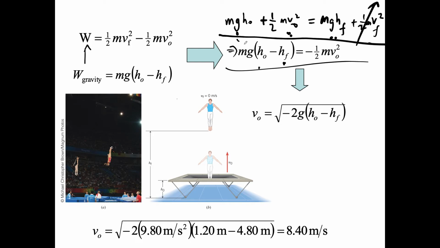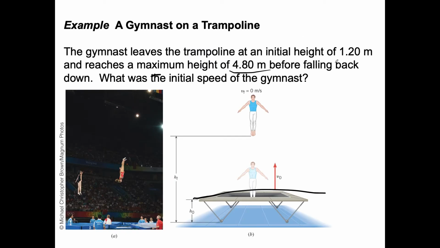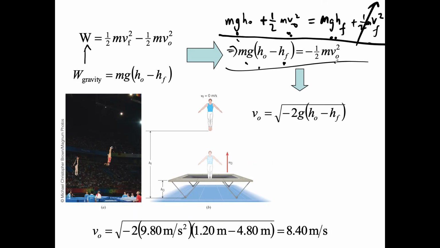We don't even need to know M. We know G, but we don't know V0, so we just solve for V0, the initial velocity, from this equation. Plugging in all the numbers, G is 9.8, initial height 1.2, final height 4.8, so the initial velocity is 8.4 meters per second.